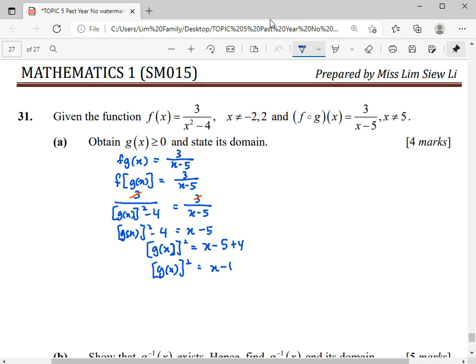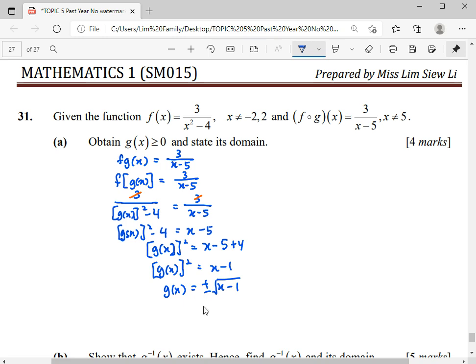When we want to move the square, it becomes a square root, and it will give a positive and negative answer.